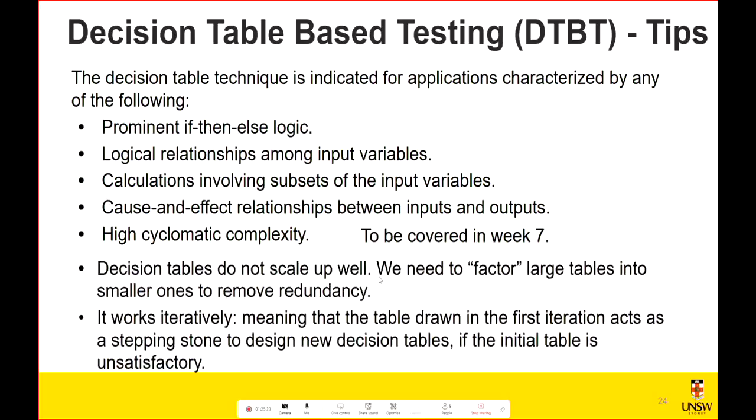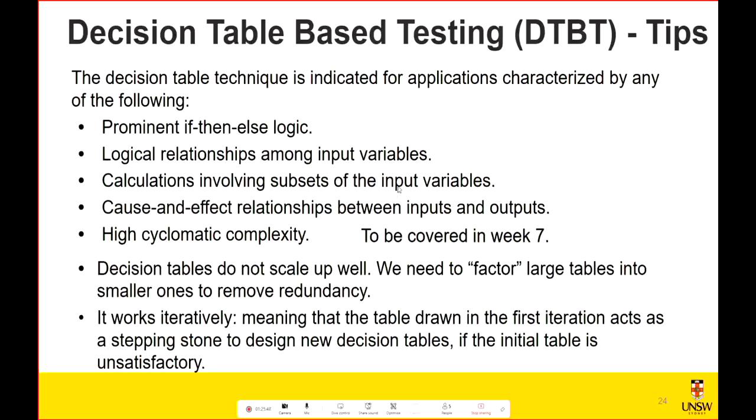But there are some limitations for decision tables as well. For example, decision tables do not scale up well. We need to factor some larger tables into smaller ones to remove redundancy.